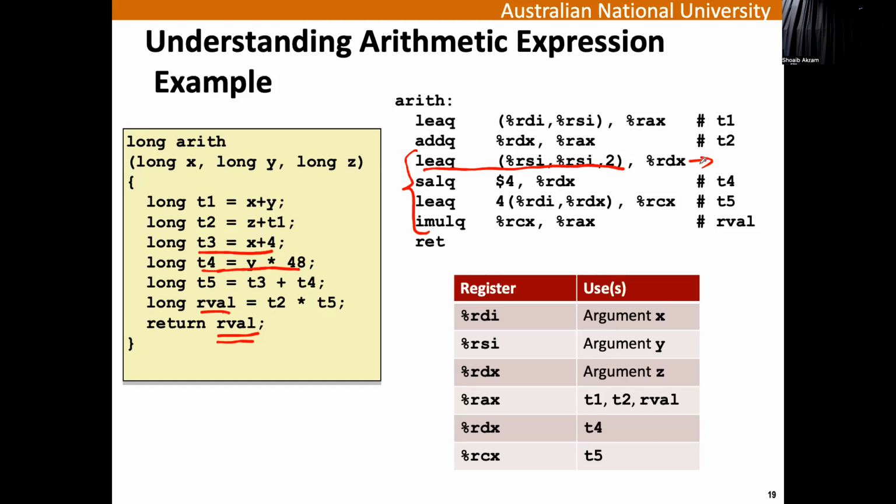What is in RSI? Y. So why is the compiler doing that? Who says do 3y, 3 multiplied by y? That's not what the program is saying. Why is the compiler doing 3 multiplied by y?